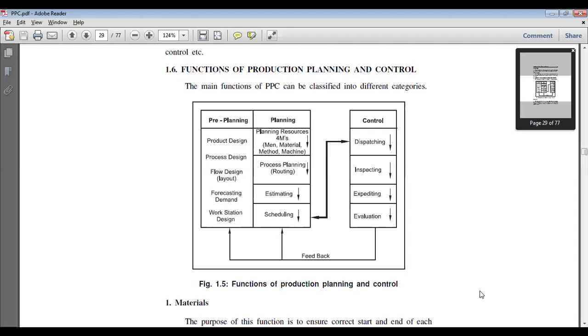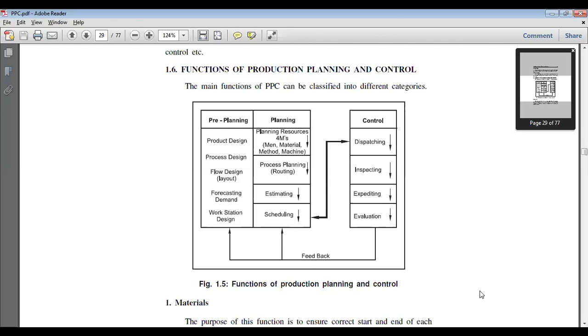Then process planning. Process planning is again routing of the material, routing of the men, routing of the machines, routing of the processes. This is called process planning. So we have to take care. Process planning is the main planning and is directly related with the machines and men. So we have to take care of this routing. So on what machine should the material go?